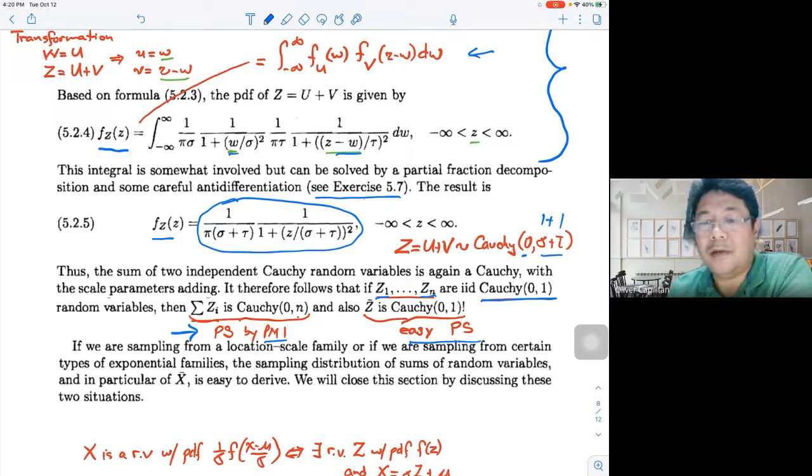Though in the previous example, if we have a family of normal distributions with parameters mu and sigma square, we were able to see that the distribution of the sample mean x bar is also normally distributed with mean mu and variance sigma square over n. In the previous lemma, that is for any distribution.